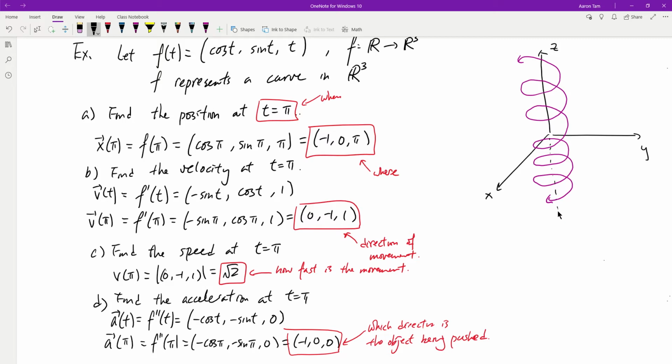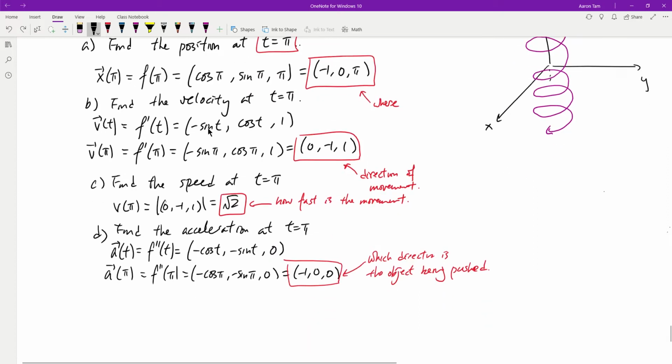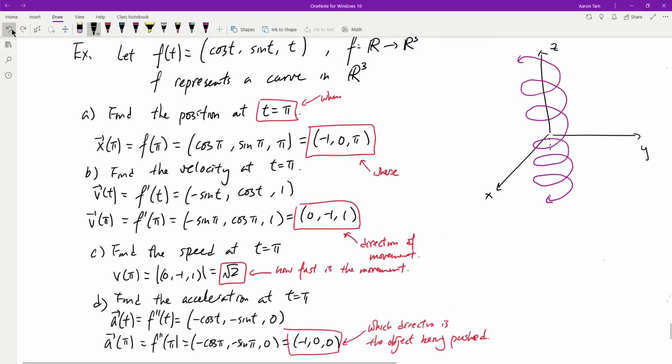Actually, I can probably draw better than this. Let's see if we can do better. Okay, there you go. The bottom part could go better; it's probably like this. Okay, probably better.